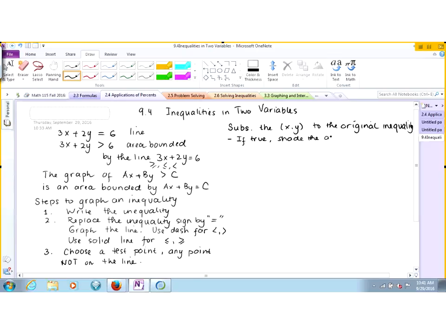Shade the area which contains the test point. What about if false? Yes, shade the other side. Shade the other area.